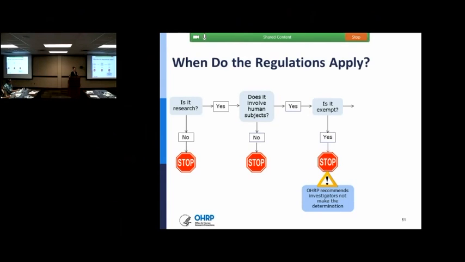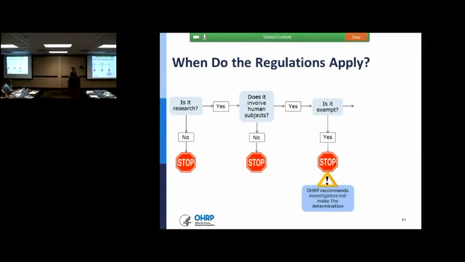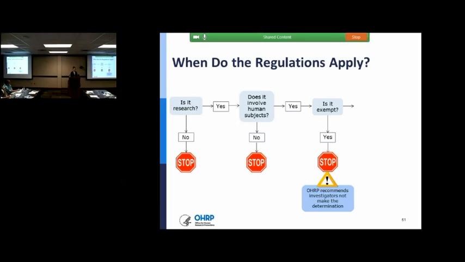A lot of institutions have their own mechanism for the investigator to submit a study to get an answer for this. So yes, it's very rare that an investigator would be going through the regulations themselves and deciding whether or not it's exempt. If it's not exempt, then you're off to IRB review.